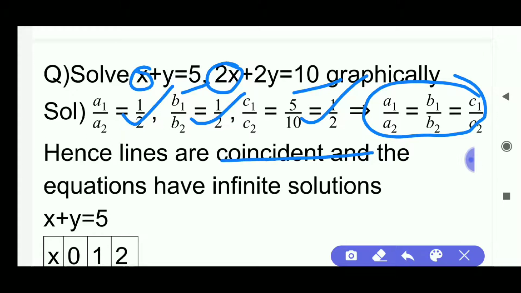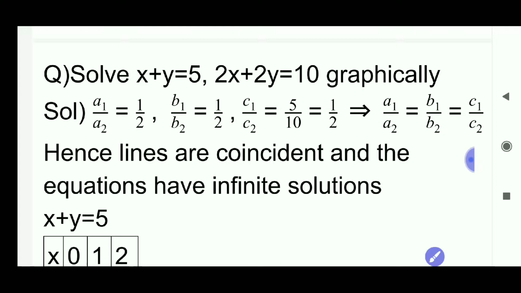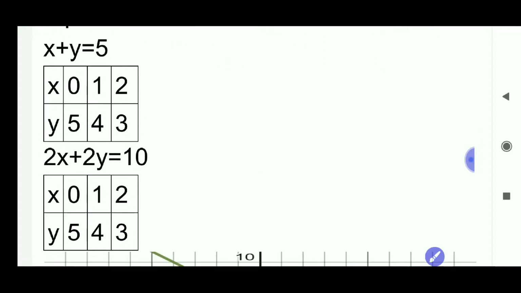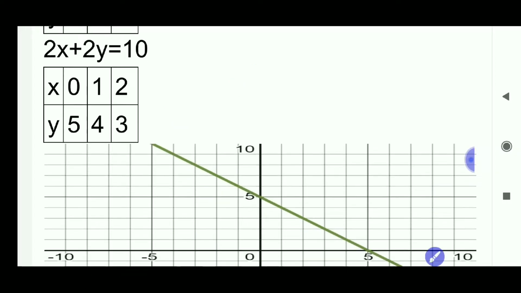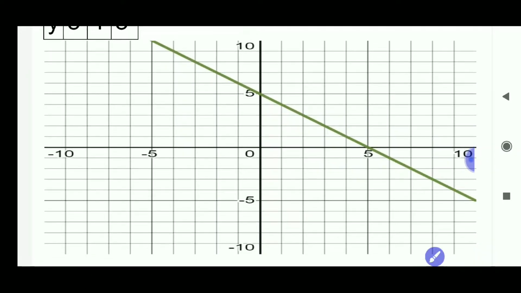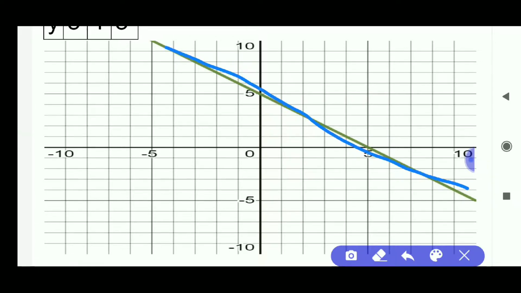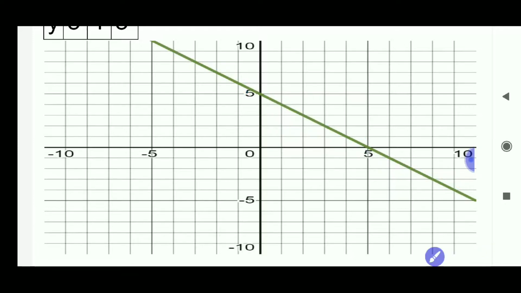Hence, the lines are coincident. That means they have infinite solutions. You can prepare tables for x plus y is equal to 5 and 2x plus 2y is equal to 10. Plotting the points on the graph, you obtain only one line, that is, the lines are coincident. Every point on the line is a solution for the equations.